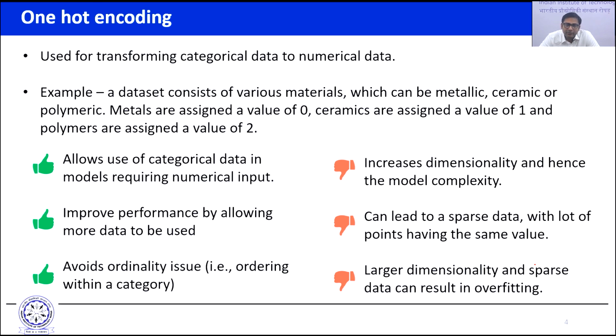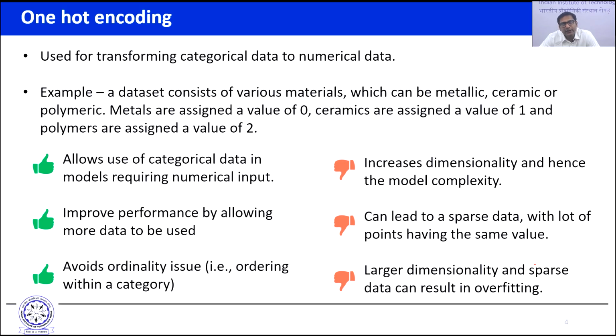But at the same time, you have some drawbacks of this process as well. While one-hot encoding can indeed enlarge your database, it can also increase the dimensionality of your problem. And once the dimensionality of your problem goes up, the complexity of the model also goes up. So this can be a potential disadvantage.